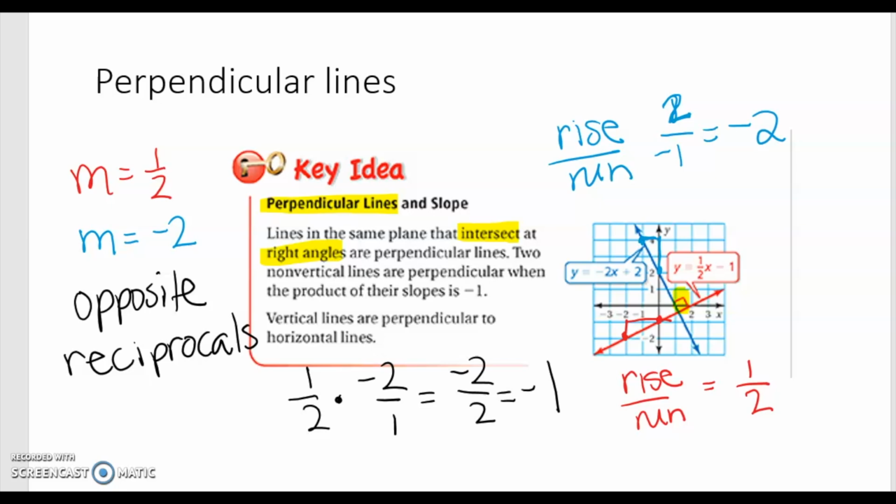And that is the property of perpendicular lines. Their slopes always multiply, product means to multiply, to -1. A way we can tell just by looking is to look at the numbers and see that they are opposite reciprocals. That means one slope is positive and one slope is negative. And then their reciprocals, if you flipped them, the fractions flip.